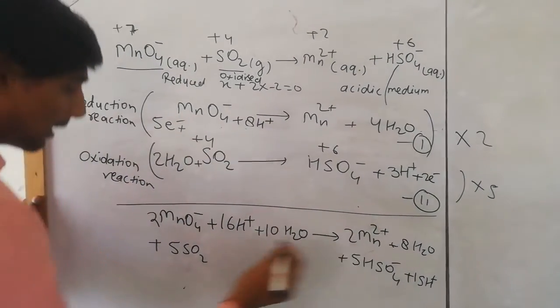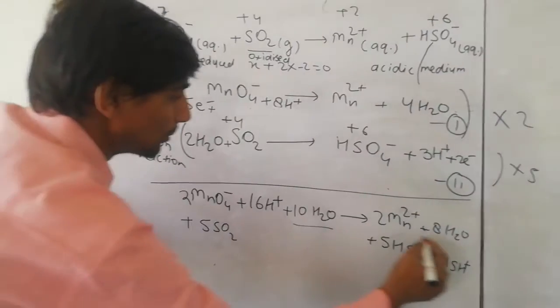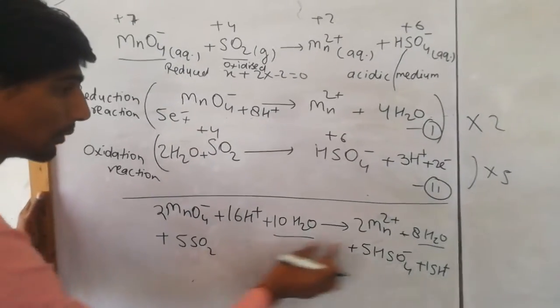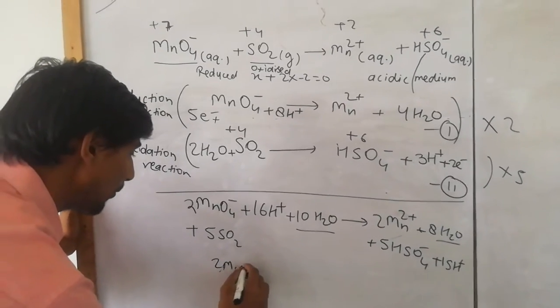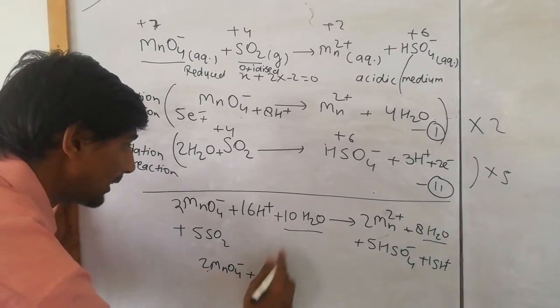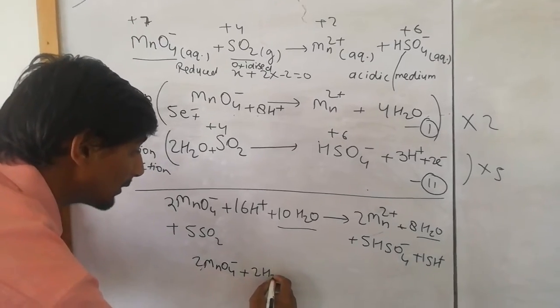Now we balance H2O. Here 10H2O, here 8H2O. So 8H2O comes on this side, and 2H2O is subtracted from 10H2O. So 2MnO4 minus plus 2H2O.